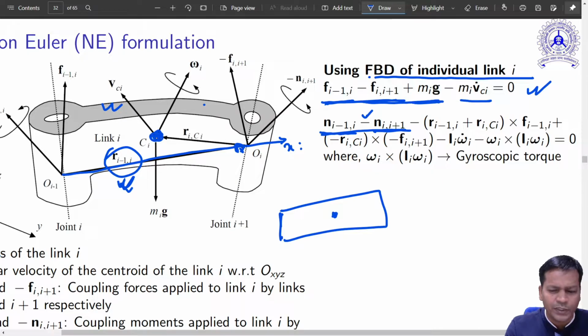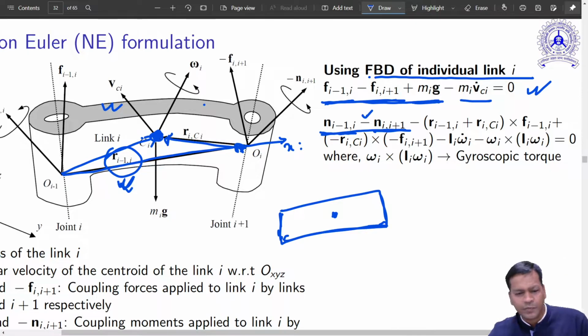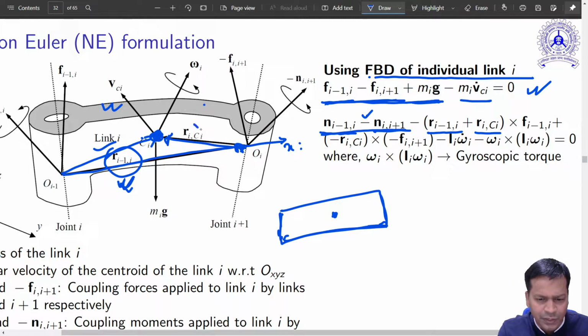So this is always known in its own frame. So this vector is also known. Okay, so you can easily calculate how much is this. So if this vector is known, that is basically R_{i-1,i} and R_{i,Ci}, and this is known, so I have effectively calculated this vector.